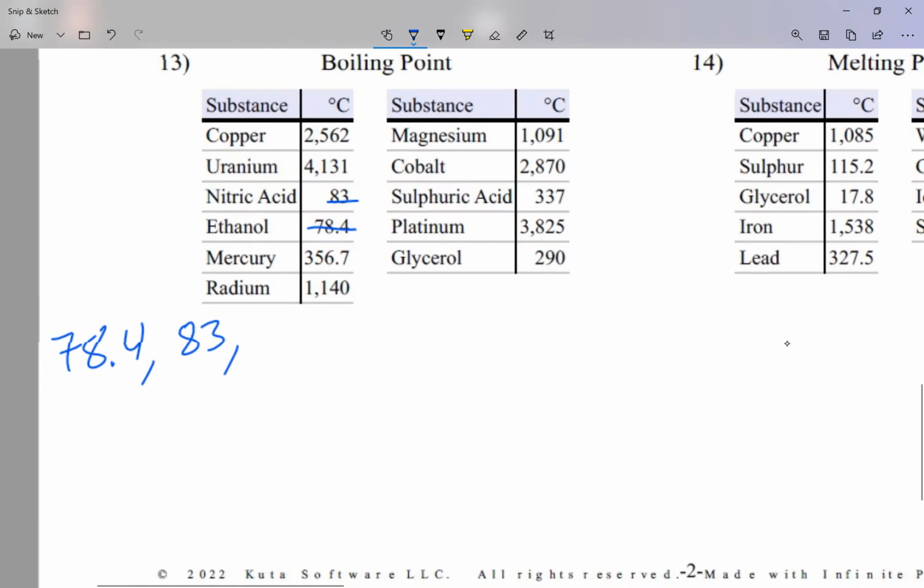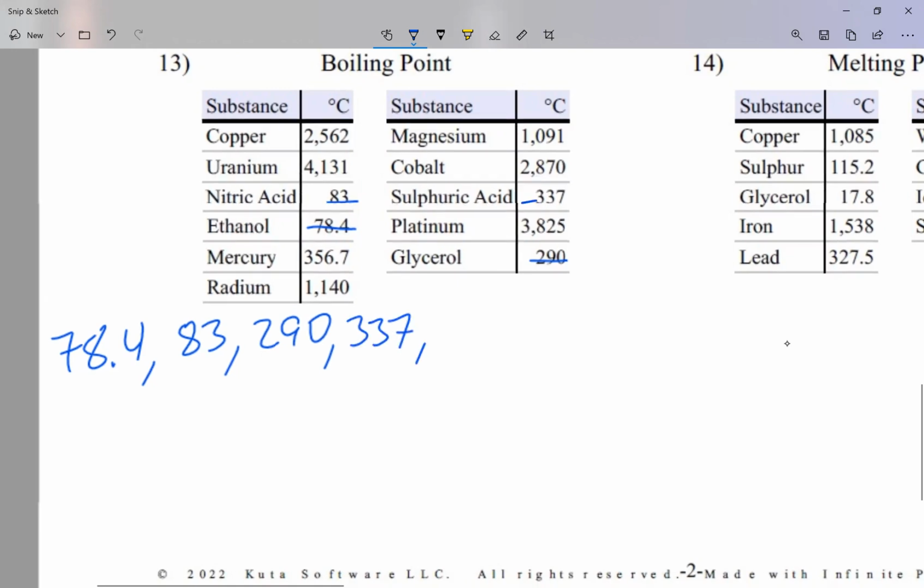And then my next number is 290. Then we have 337, 356.7.